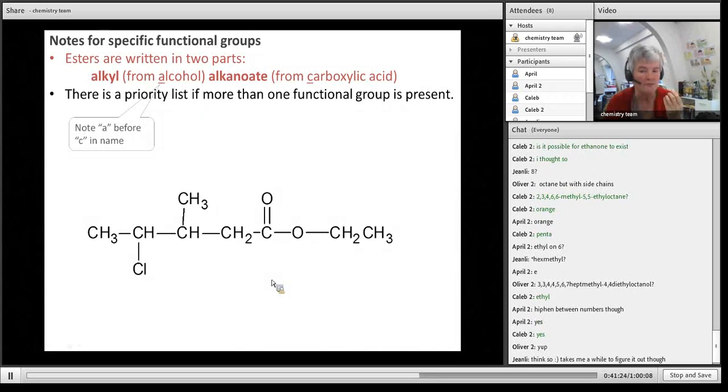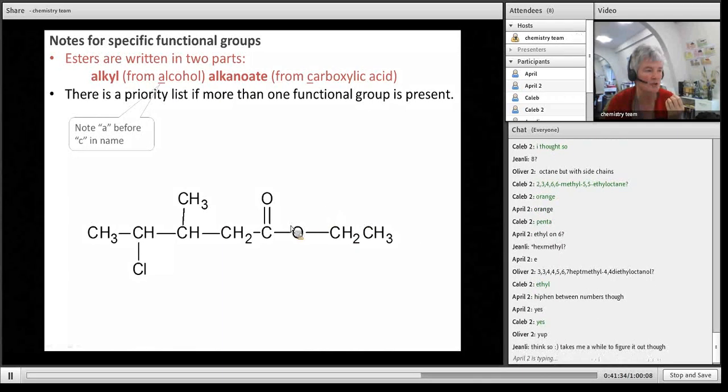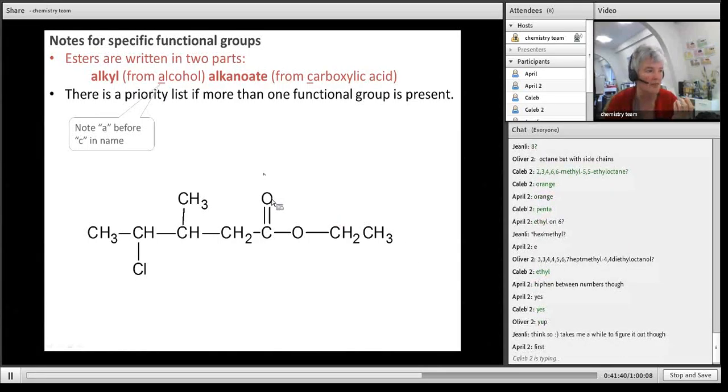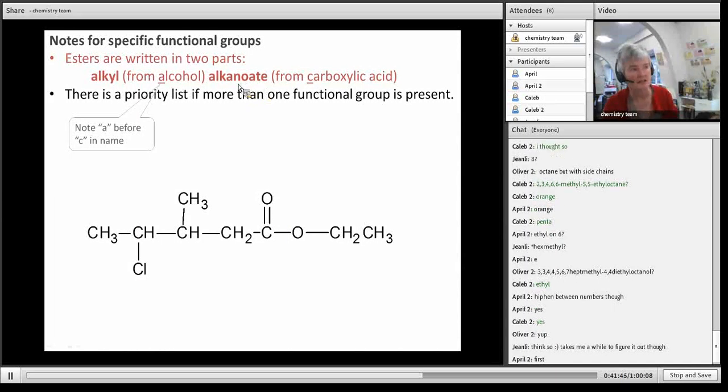So what part comes from the carboxylic acid? This one that includes the C double bond O, or this one which does not include the C double bond O? The first one. So the one that contains the C double bond O is the one that is from the carboxylic acid. So this we name second.